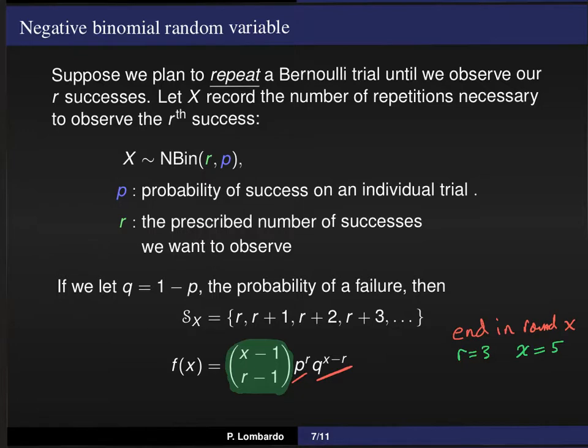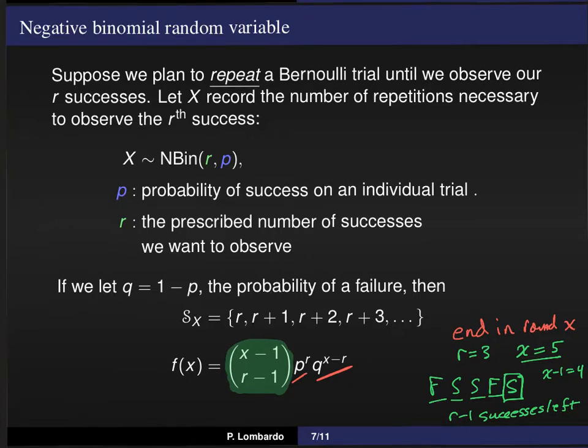Now, since we end in round 5, there has to be a success in that last spot. So this is required. And what we have here are 4 spaces, or in other words, x minus 1 spaces. And since one of our successes is already placed, we have r minus 1 successes left to place. So we'd have 2 in this case, S and S, and then the rest of this is going to be failures.